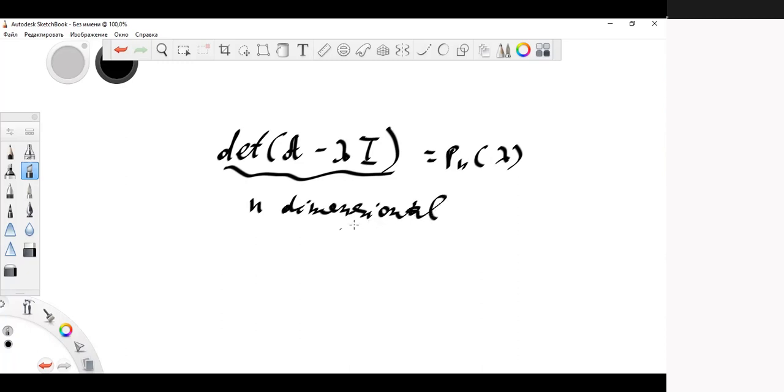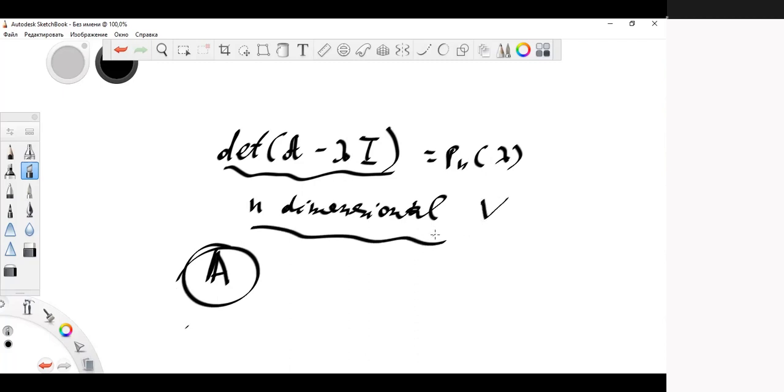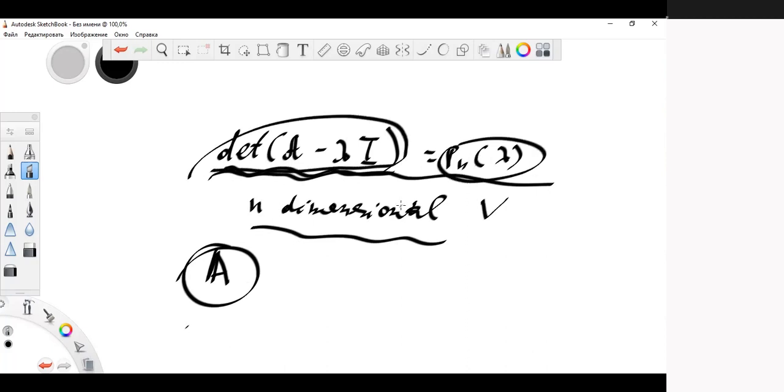When you consider your operator's representations in different bases of that n-dimensional space, call it V, what is invariant? The determinant of that matrix, which is an nth degree polynomial.